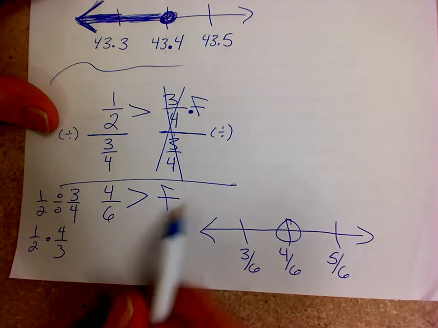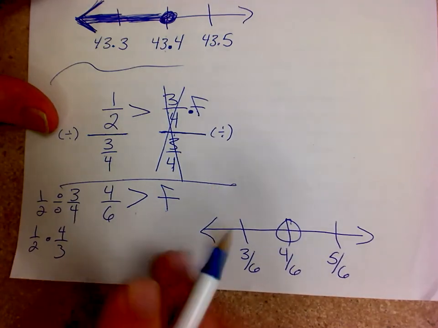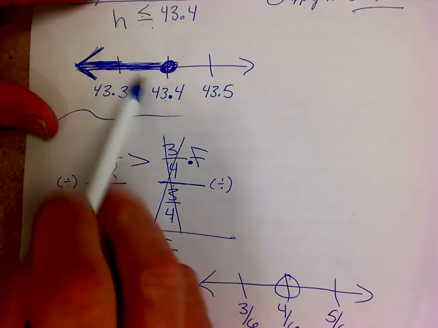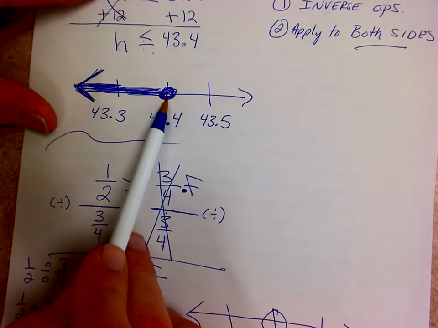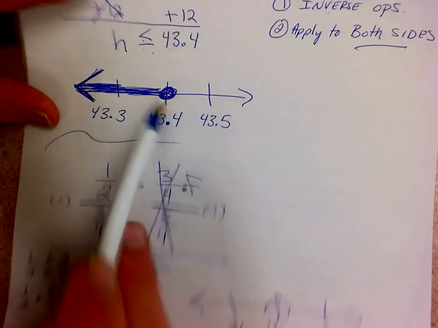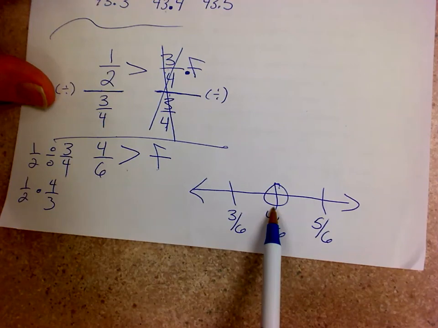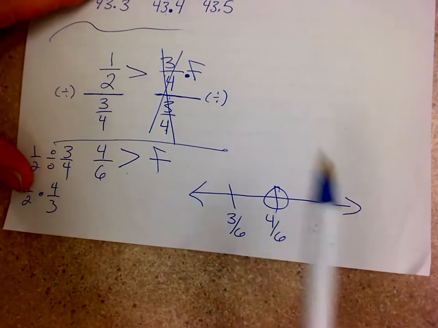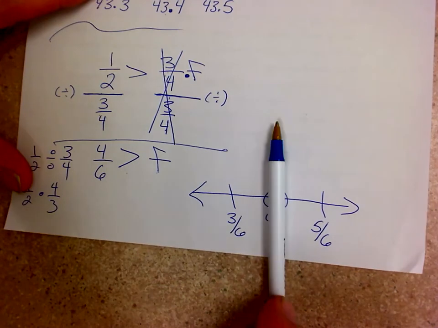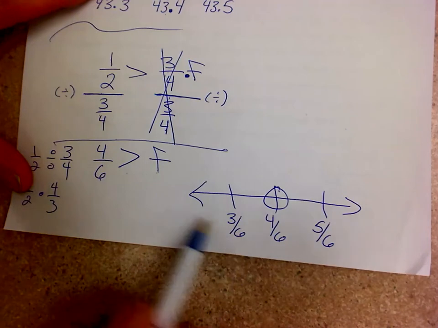For this particular case, f does not equal 4/6 as it did up above. H equaled 43, so we graphed that with a full circle. This one is not equal, so we are not going to shade it in. We're going to leave it open. Now we have to decide whether to shade all the numbers to the left or to the right, and this one's not as obvious.